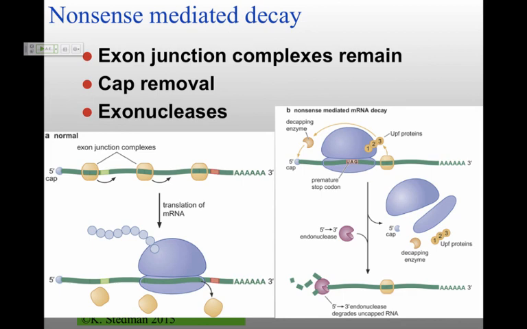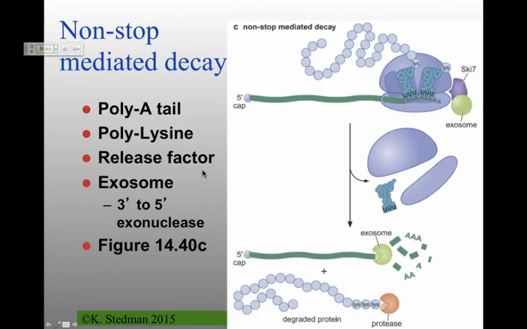Of course, you could also have a case where you don't have any kind of stop codon in your messenger RNA. And what happens there is actually something really similar to what happens in the case of tmRNA that you have in bacteria. And that is that the ribosome starts translating your poly-A tail.